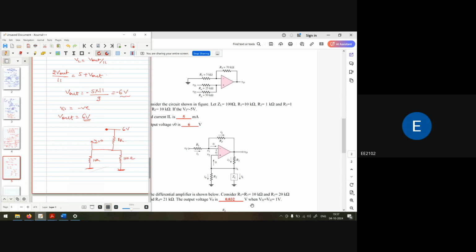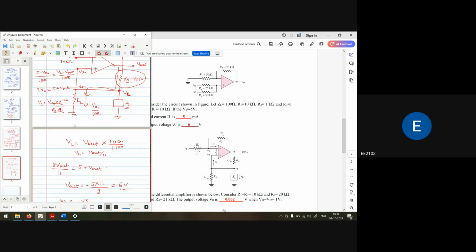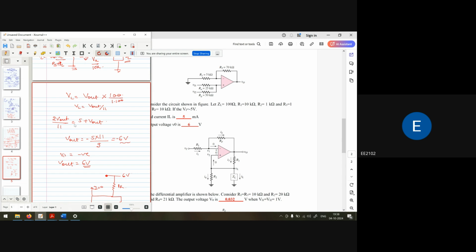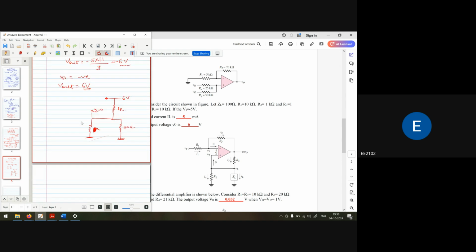Now the value of R3 is 1K and the value of R2 is also 1K. What value are we taking here? Okay, so 6 volt, if I say that the current is I, what is the value of current I?